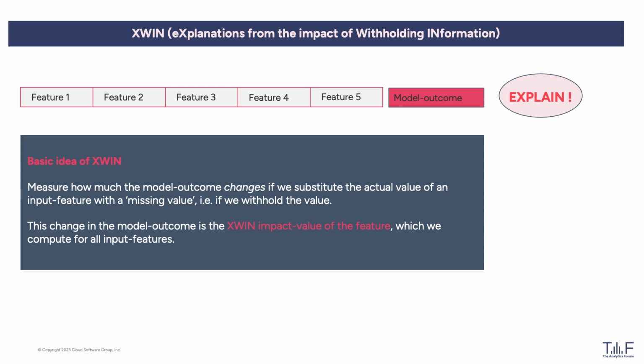The pipeline's imputer will take care of the missing value as it has learned during the training. We call the change in the model outcome due to this withholding of a feature value the XWin impact value of the feature. The larger the impact value, the more influential the feature is for this particular model outcome. This works for both numeric and non-numeric features.